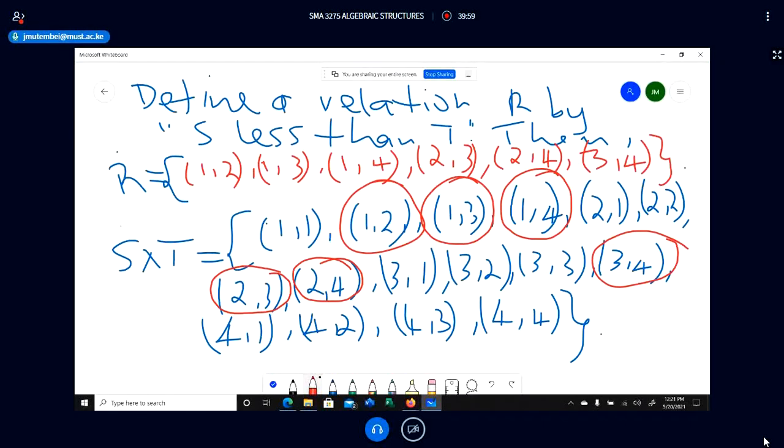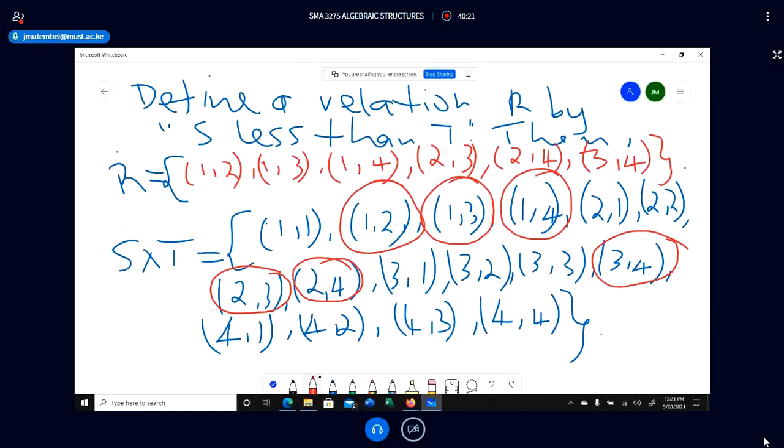So those are the pairs that are found in R, where the relation R is S is less than T. You can see all these are a subset of S cross T. You can find all of them in the Cartesian product of S and T.